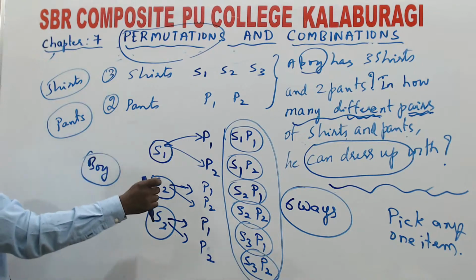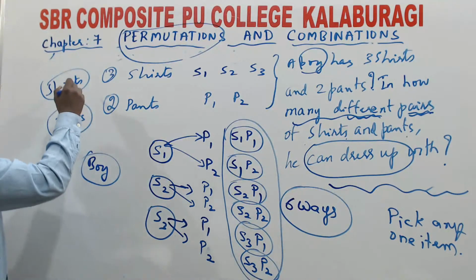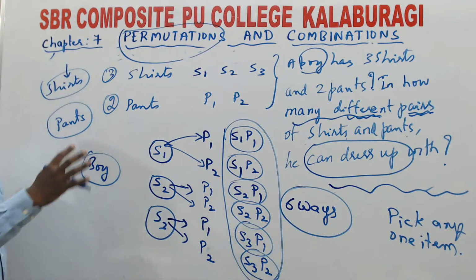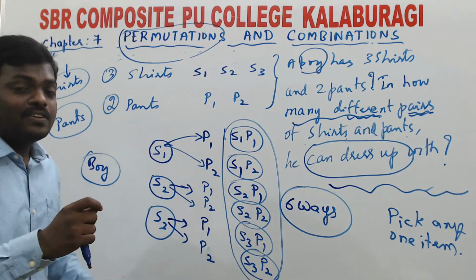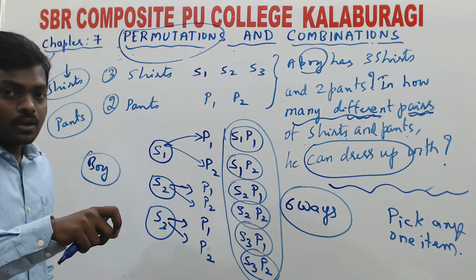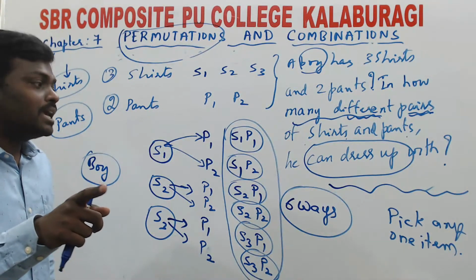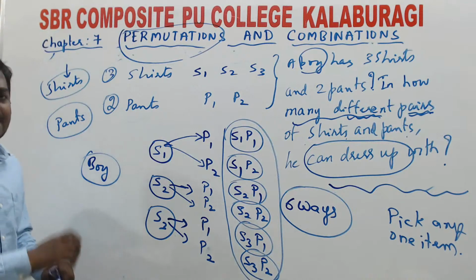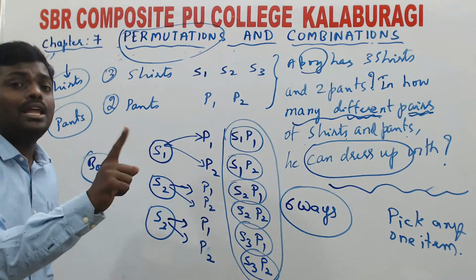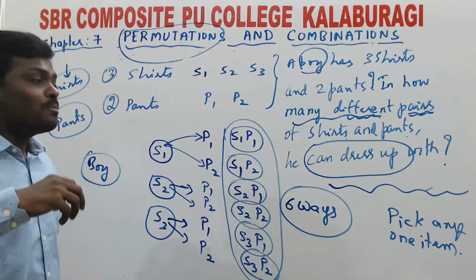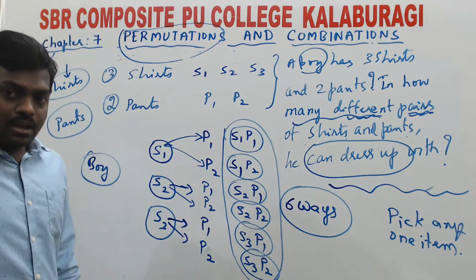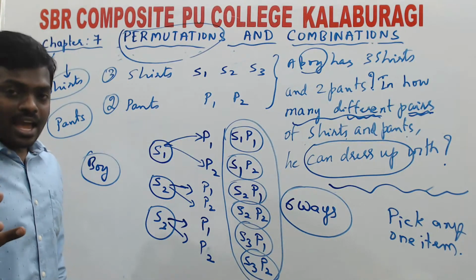Look here, pick any one item. So if he had picked shirts, there is no need of picking pant. Is that clear? If he has picked pant, there is no need of picking shirt because they are just asking us to pick only one item. Okay, so how many such ways can he pick one item?